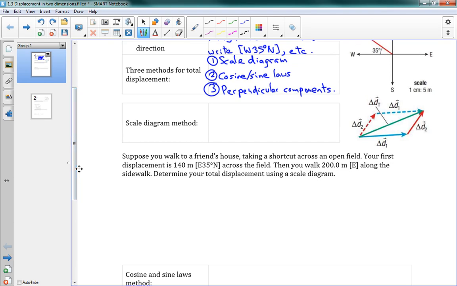So, we'll start with the scale diagram method. And for this method, what we do is you draw the vectors using a ruler, a protractor, and a scale.